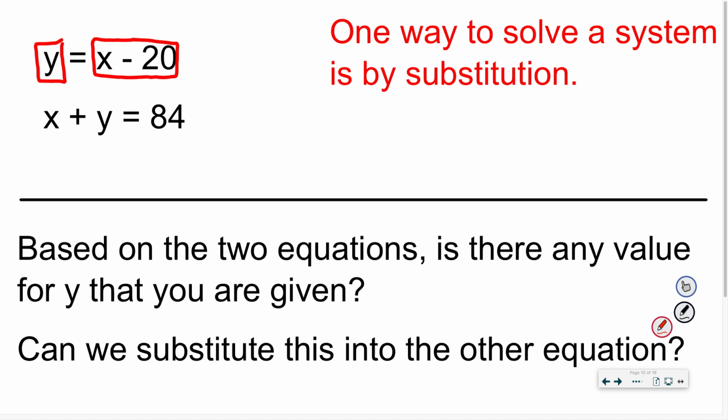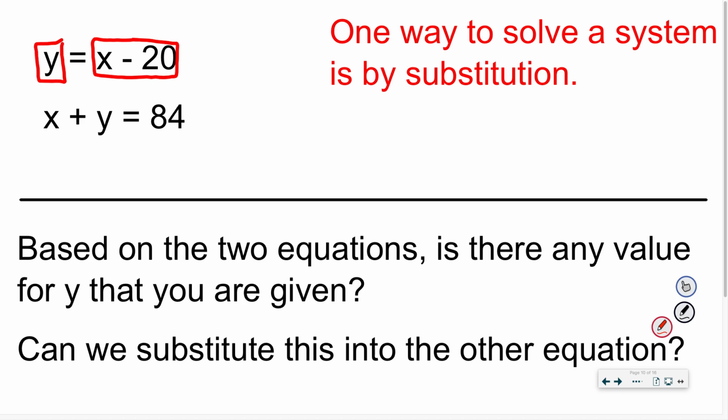Now here's, when I talk about replacing, we have to make sure that we're not changing the value. So I want to substitute something in so that the value of the equation doesn't change. Is there anything that I can replace? Now the top equation tells me that the value of y is the same thing as x minus 20.